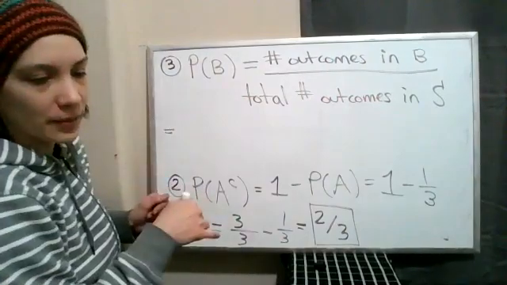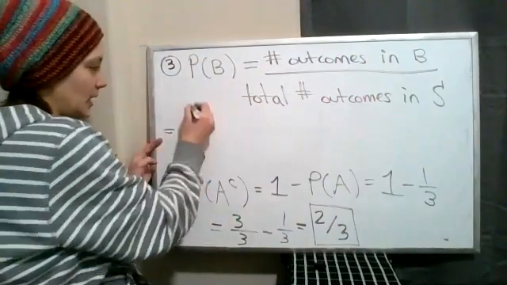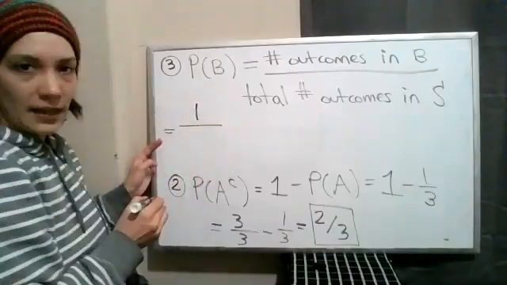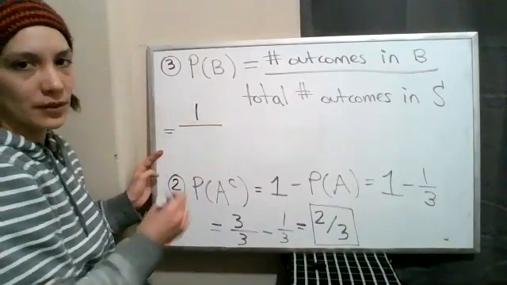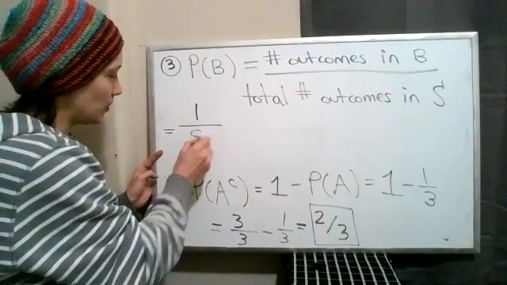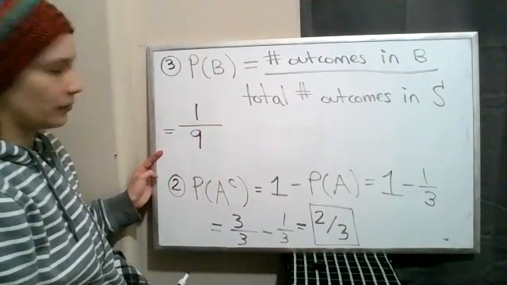Oh, there's only one outcome. Okay, so there's one element in that set B. And there's 9 elements total, or 9 possible outcomes. It's going to stay like that.